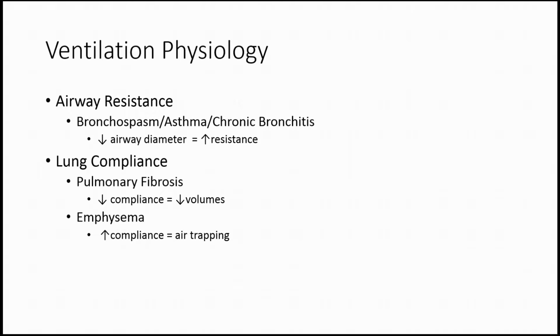Now, when I have a disease of that response, I get bronchospasm. I get irritability and I spasm down. That's what happens with your asthmatics. They get irritability, they spasm down, okay? So I decrease the diameter, I increase the resistance. We see this in chronic bronchitis, bad smokers, but it's primarily because they put pollutants into their airways every day, over and over again, and they get thick, irritable, boggy airways because they're not designed to be filled with smoke all the time, right?